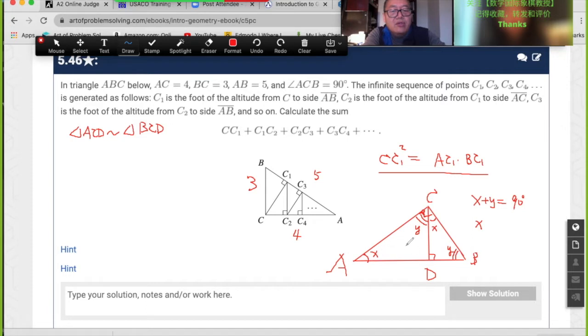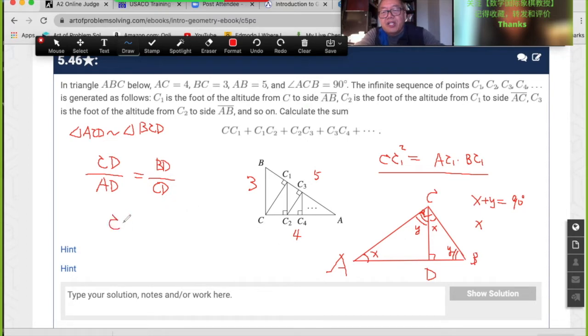So in these two triangles, two pairs of corresponding angles are congruent. Therefore, these two triangles are similar. Then we can get CD over AD equals BD over CD.